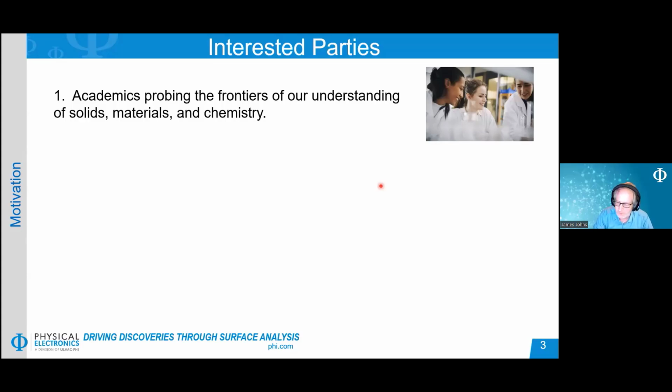This could be either through synthesizing new types of materials, new classes of materials, or developing new techniques to explore them. So maybe they're pushing things into the attosecond realm for looking at electron dynamics or imaging or other advanced techniques. And that's not quite the target audience for this talk.